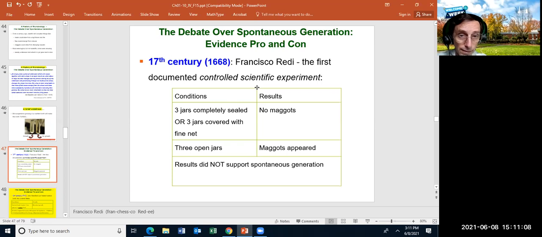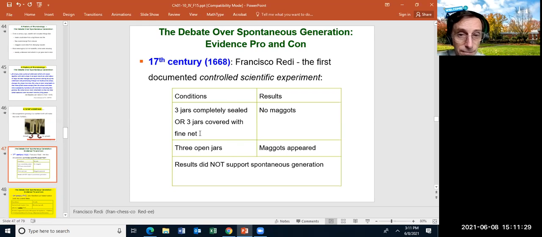What he did was he had 3 jars completely sealed and he put meat in it. He had 3 jars completely open and he put meat in them. And he had 3 jars covered with a fine wire net.